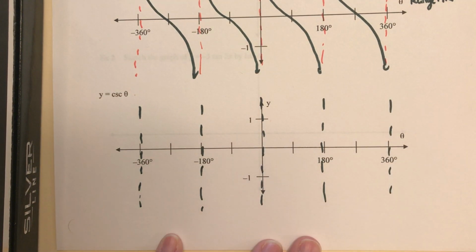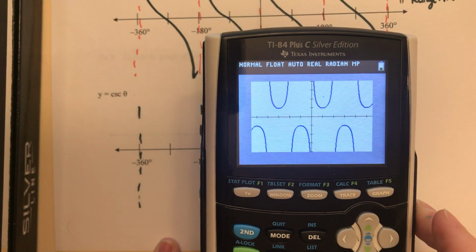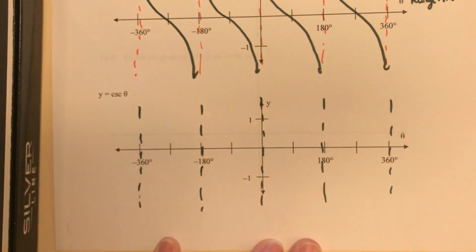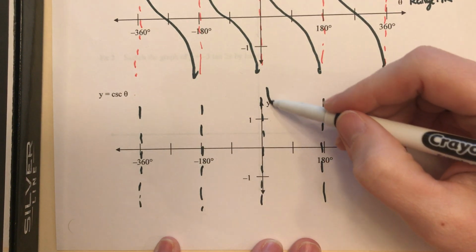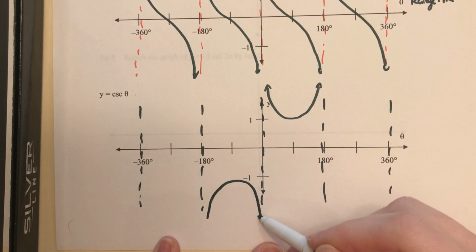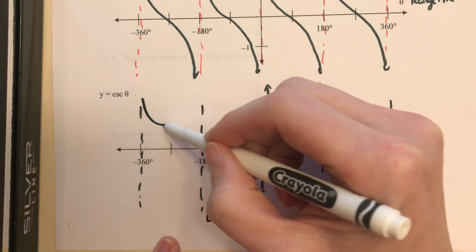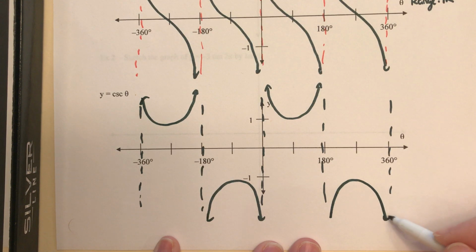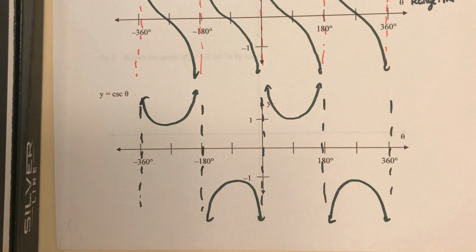And then we have the graphs go to 1 and negative 1. So this first graph looks like this. So there's the cosecant graph.